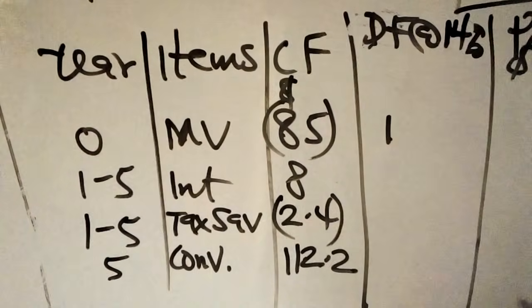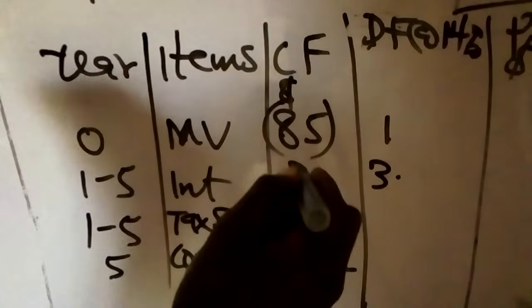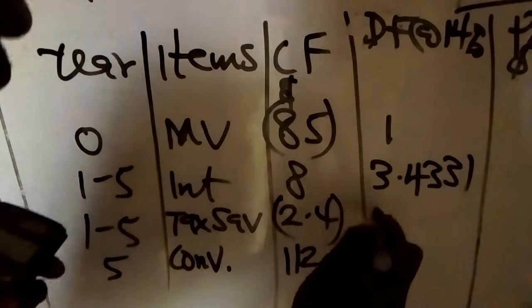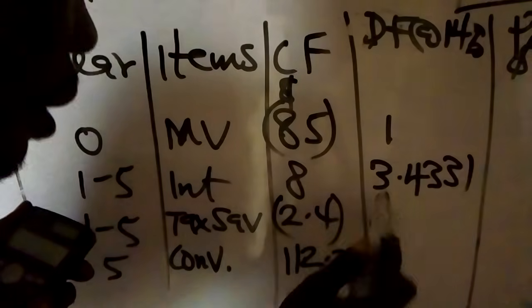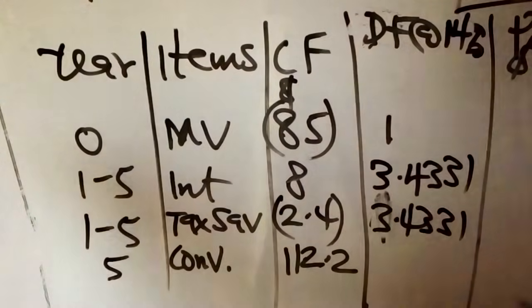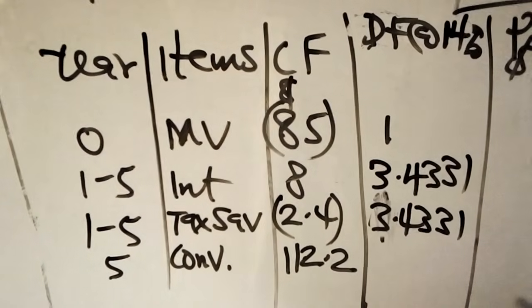Let's try 14%. So 1.14 raised to power minus 5, minus 1, divided by 0.14. So we have 3.4331. 3.4331 for the 5th year.